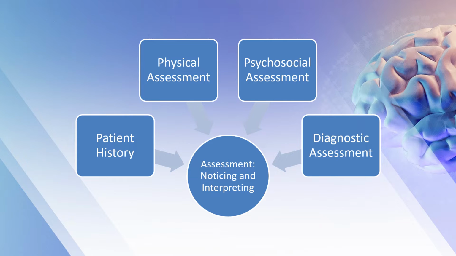Psychosocial assessments, that's the decisions they're making in their life, where they come from, their environment that may be affecting their neurological system. And then the diagnostic assessment. These are our lab tests or our radiological tests, but we'll look at all of these in a little more depth.